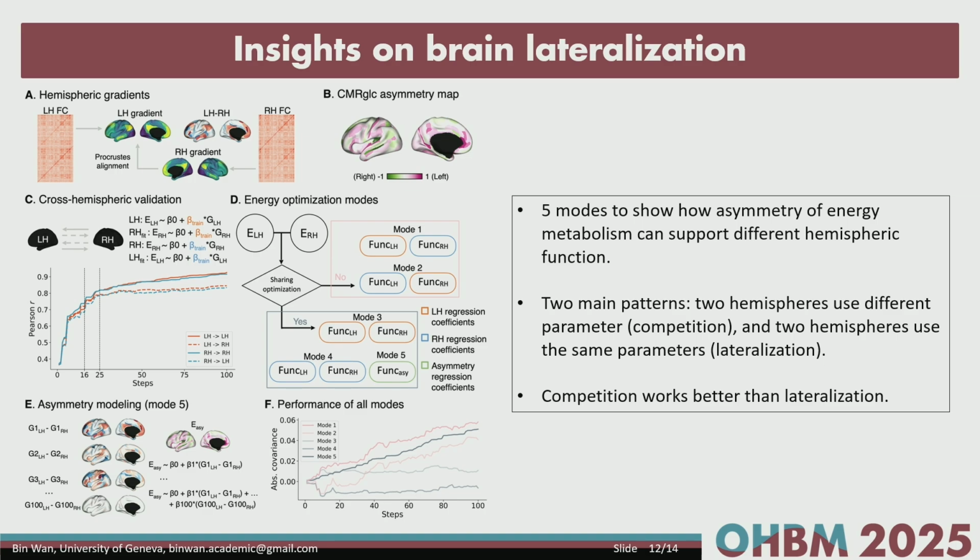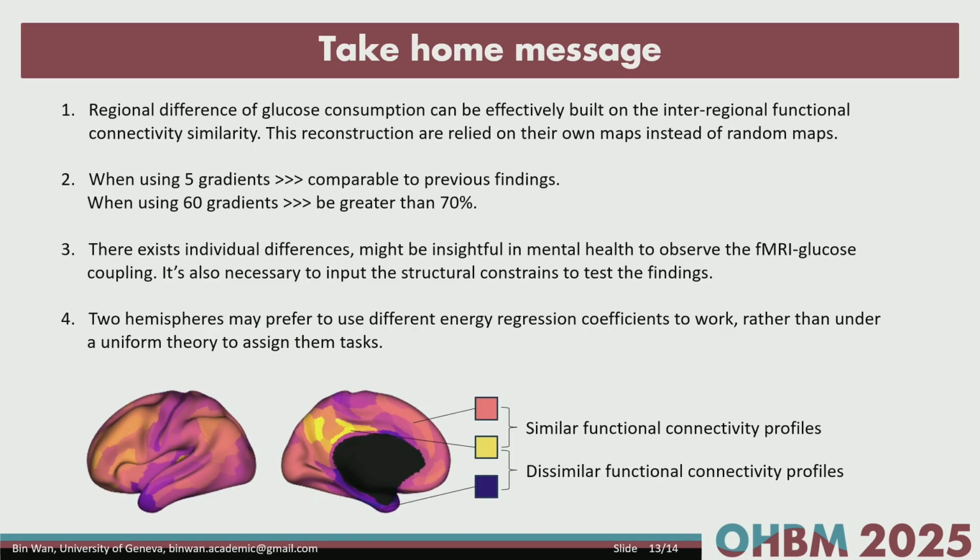And the other three modes belong to the lateralization mode. And this comparison concept is really novel. If you want to discuss more, we can discuss in person. And then we find the final conclusion is competition works better than lateralization for brain asymmetry.